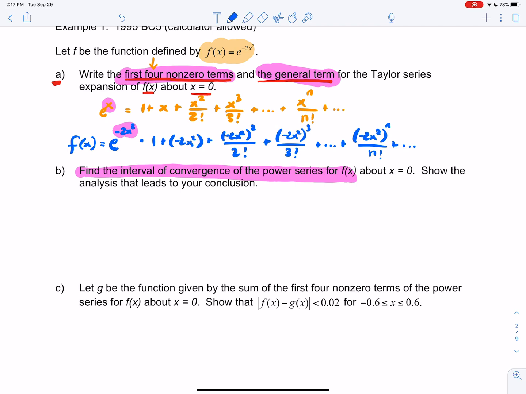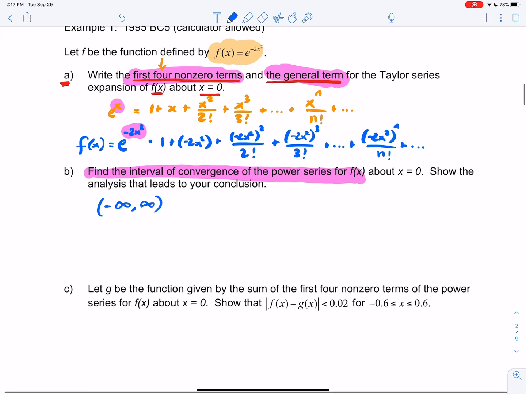Okay, so by now you've had a chance to find the interval of convergence. You find out that the interval of convergence is from negative infinity to infinity. But look, if you use the ratio test, okay, you're not wrong, but you wasted your time.